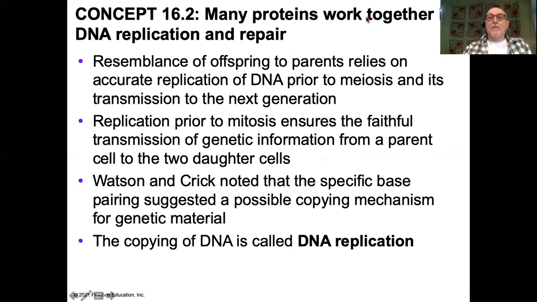Okay, so the first thing we need to think about is that we discussed the processes of mitosis and meiosis at great length. And one of the critical steps that takes place in cell division is that before any of the stages of cell division arise, the cell replicates its entire genome.